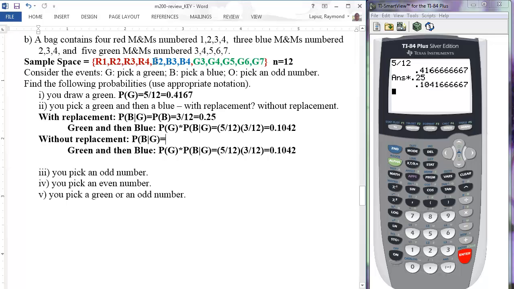You're choosing 3 blues out of 11 because we're assuming that one of the greens is already gone. So it would be 3 out of 11, and 3 out of 11 is about 27.27%.